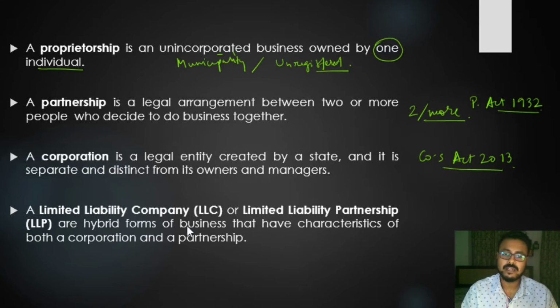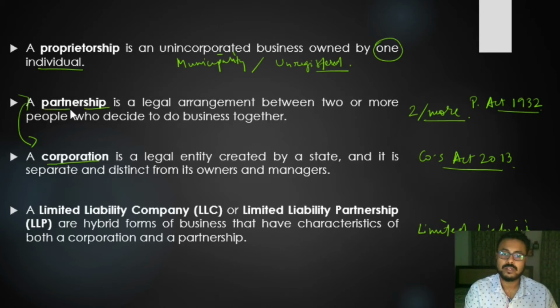A limited liability company or limited liability partnership are a hybrid form between partnership and corporation. They have a characteristic known as limited liability, which is related to the characteristic of corporation. But they function as a partnership.